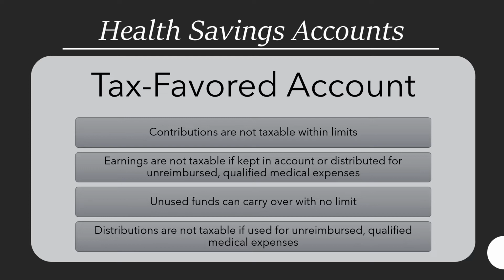So you could see if this type of account were to be contributed to as if it were a retirement account, and the funds were invested, that this could be an account that could build up quite well over time. And again, distributions are not taxable if used for unreimbursed qualified medical expenses.